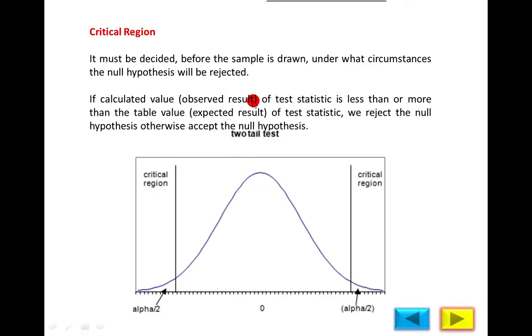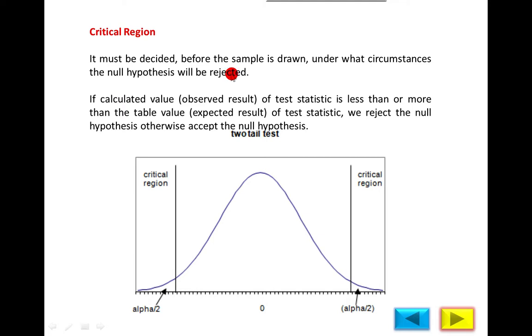Next definition, critical region. This is the next step of the testing of hypothesis. It must be decided before the sample is drawn: under what circumstances will the null hypothesis be rejected?